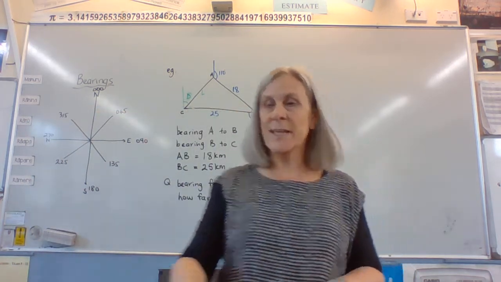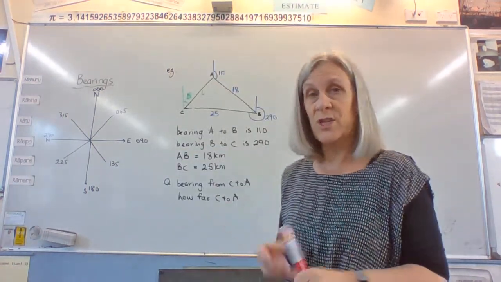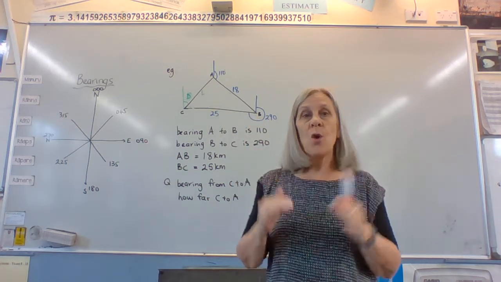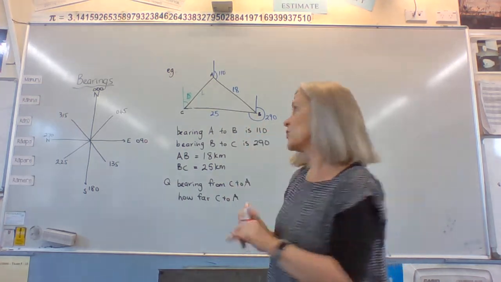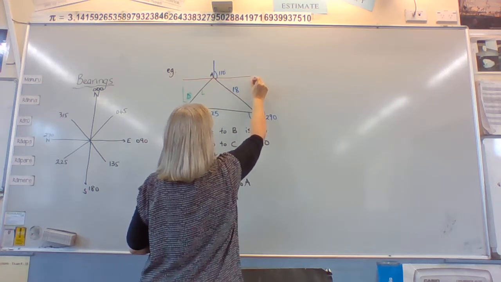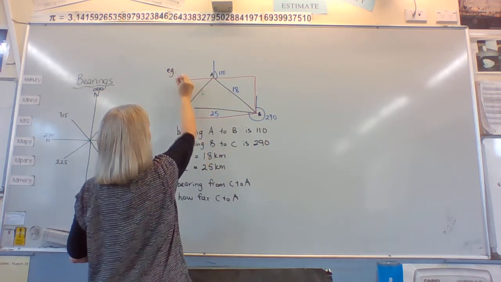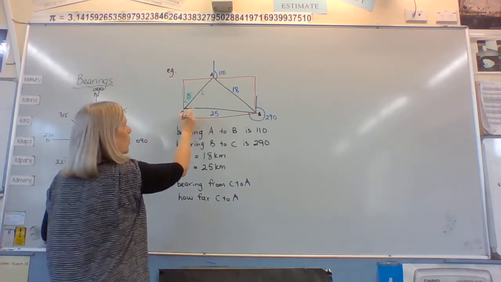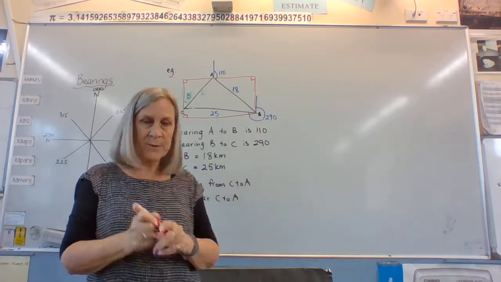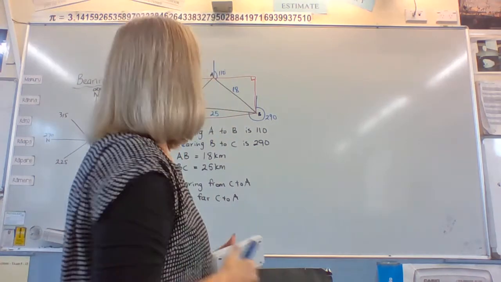The biggest hint I can give you is to make as many right-angled triangles as you can, because that's the skill we've got. So we enclose our triangle within a rectangle that's nice and straight. I'm going to go straight across here, down to here, straight across here, and back up again. That gives me 1, 2, 3 right-angled triangles.